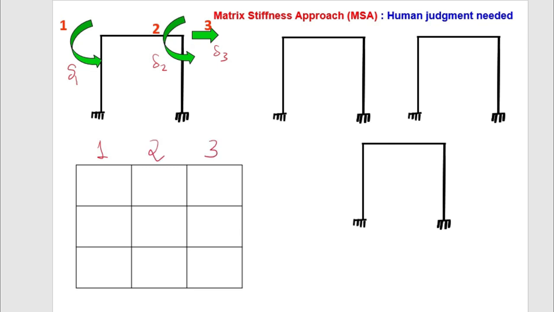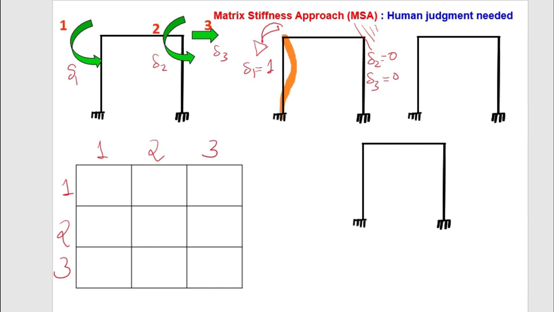We have identified the degrees of freedom. Delta 1 is rotation, delta 2 is also rotation, and delta 3 is the translation. So our matrix will be 3 by 3. We have identified the rows and columns of the matrix. We begin with the first step, that is we apply a unit displacement along the first degree of freedom, that is a unit rotation along the top left hand joint, and we make sure that no other displacement or rotation takes place.